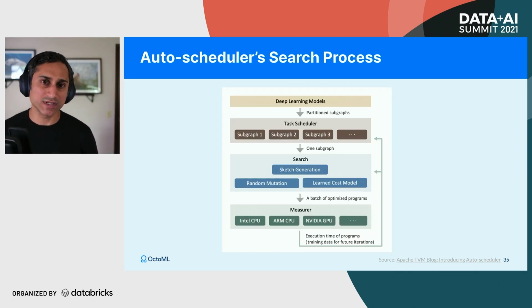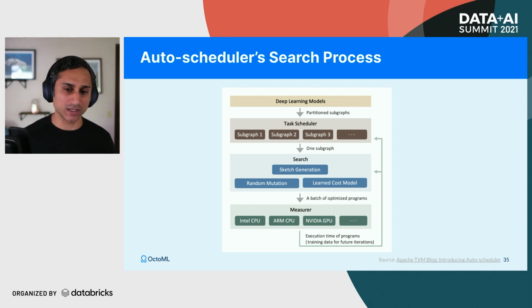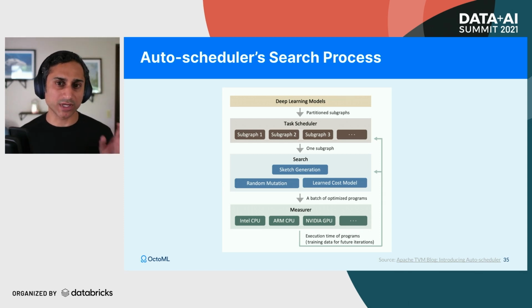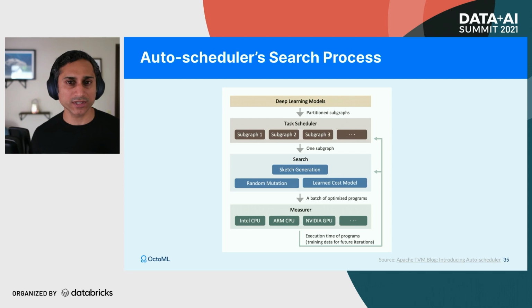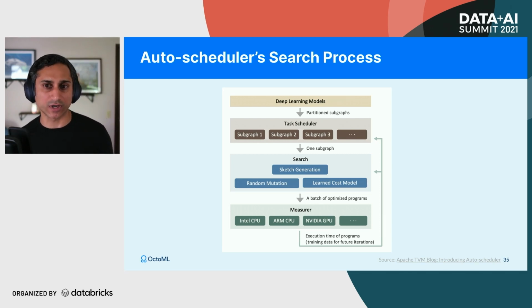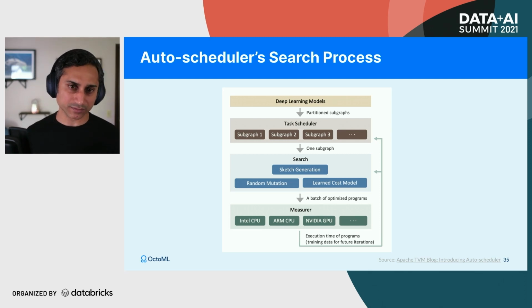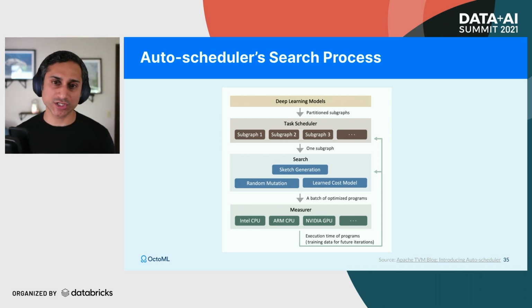This shows the search process when optimizing a whole neural network. The deep learning models are the input at the very top. Then it partitions the big model into smaller subgraphs with Relay's operator fusion pass. The task scheduler is used to allocate the time resource for optimizing many subgraphs. Each iteration picks a subgraph that has the most potential to increase end-to-end performance. Each subgraph's tensor expression is analyzed and several sketches are generated for it.